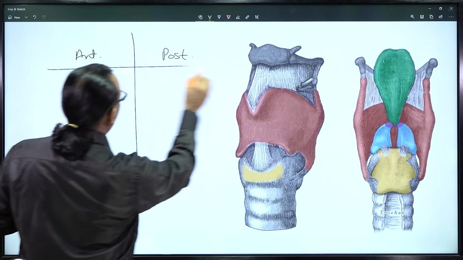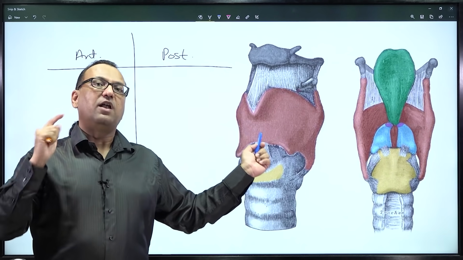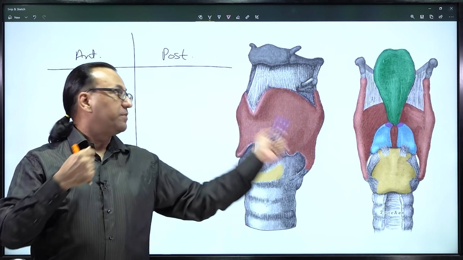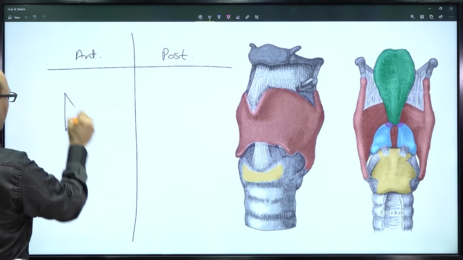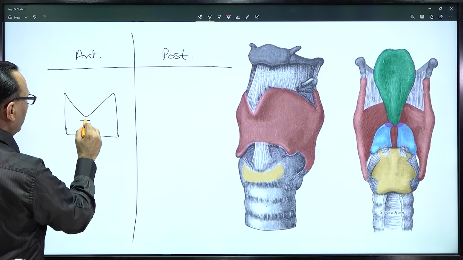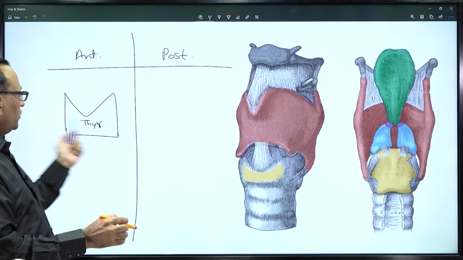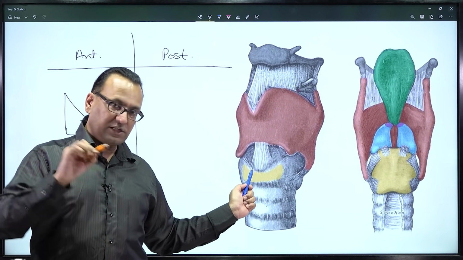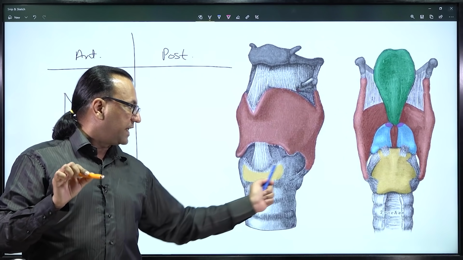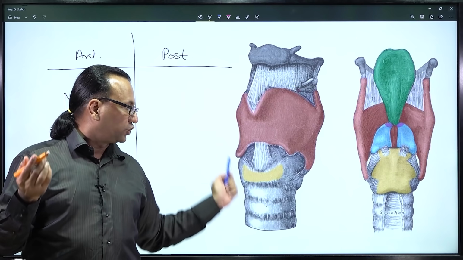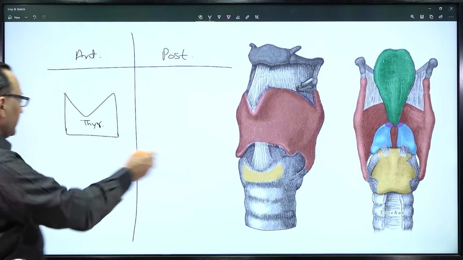So you will understand that from the anterior view, the largest cartilage of the larynx can be seen, which is the thyroid cartilage. You draw it here, the thyroid cartilage. Now, along with the thyroid cartilage, you can see one below that, which is a ring-shaped, circular cartilage, seen anteriorly as well as posteriorly. So show it anteriorly, the cricoid cartilage.